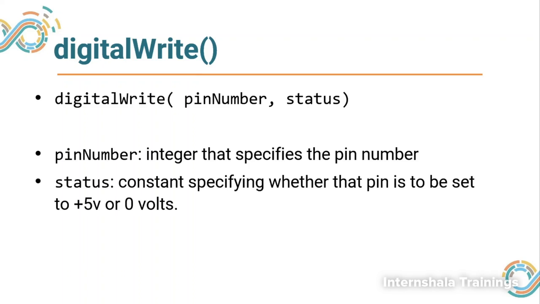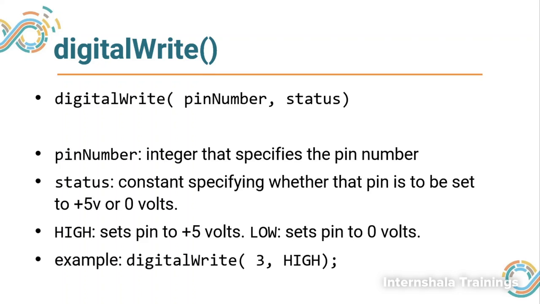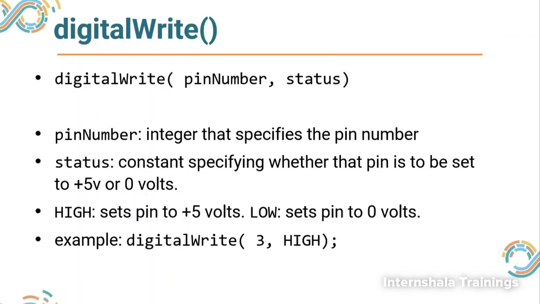We don't write 0 and 5 here, but we write HIGH and LOW. HIGH is for 5 volt and LOW is for 0 volt. An example is digitalWrite pin number 3 to HIGH. That means we are setting our digital pin number 3 as high, meaning 5 volt.